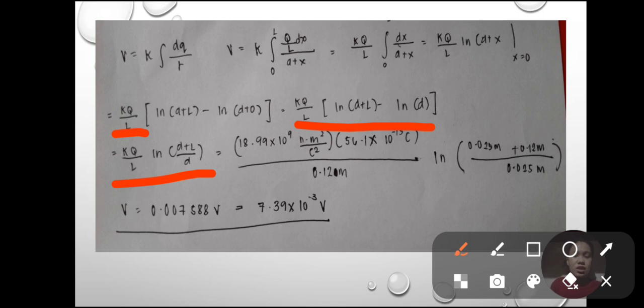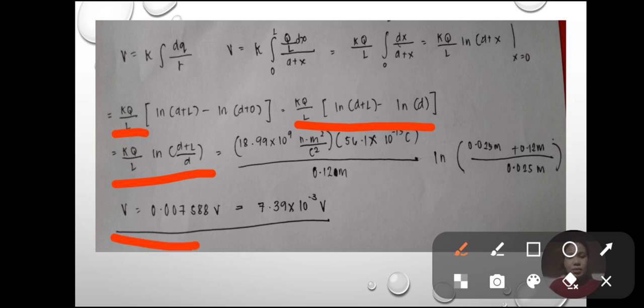So, we substitute the given, which is 8.99 times 10 raised to 9 N·m squared over C squared times 56.1 times 10 raised to negative 15 C over 0.12 meters times natural logarithm of 0.025 meters plus 0.12 meters over 0.025 meters.